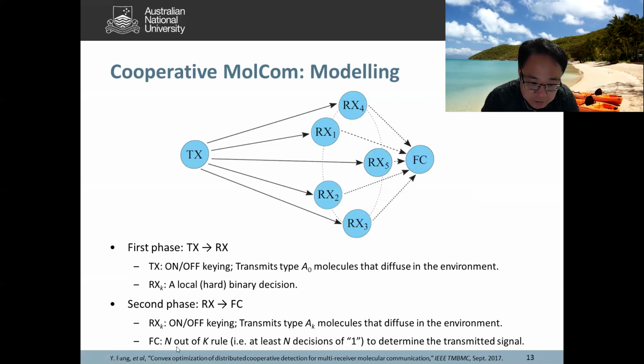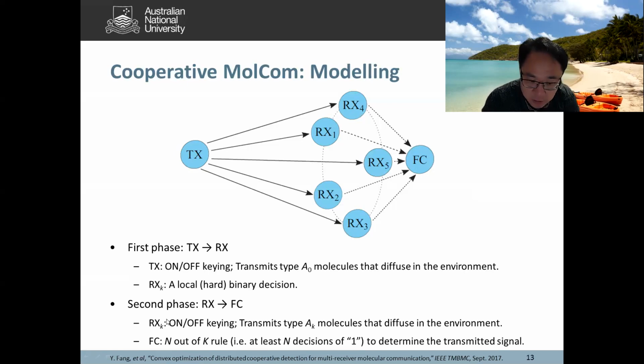At the fusion center, we adopt an N-out-of-K rule to determine the transmitted signal from the transmitter. That is, the fusion center detects the decision transmitted by each of the receivers.